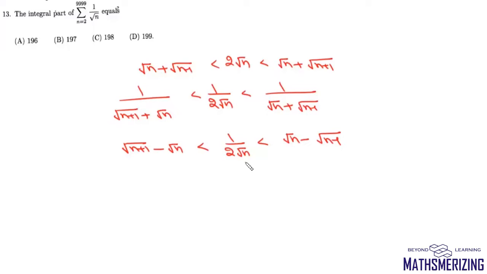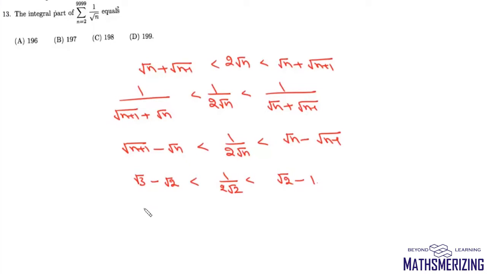Now we'll put n as 2, we can write root 3 minus root 2 will be less than 1 upon 2 root 2, and here will be root 2 minus 1.